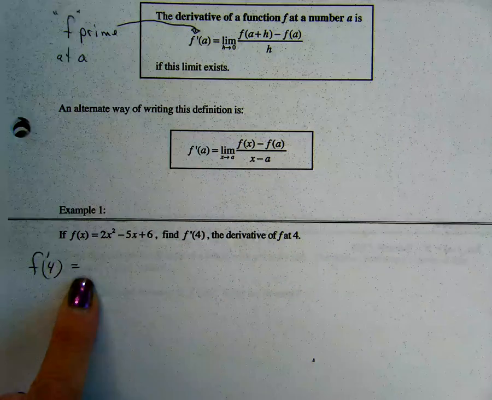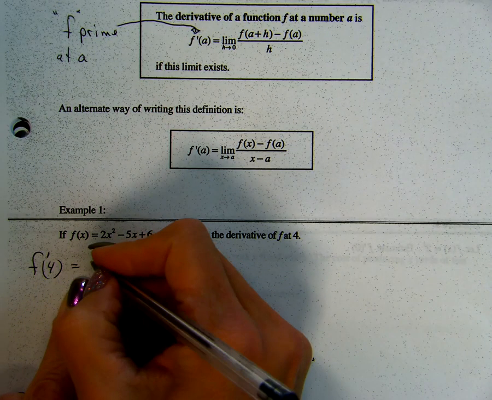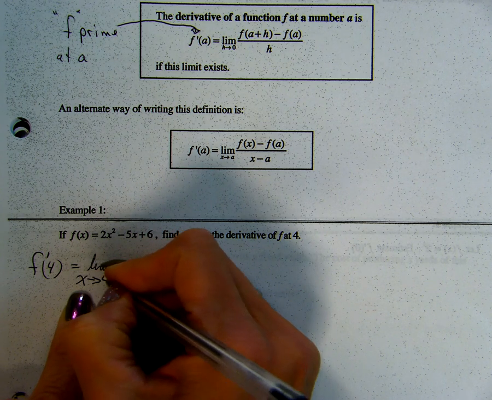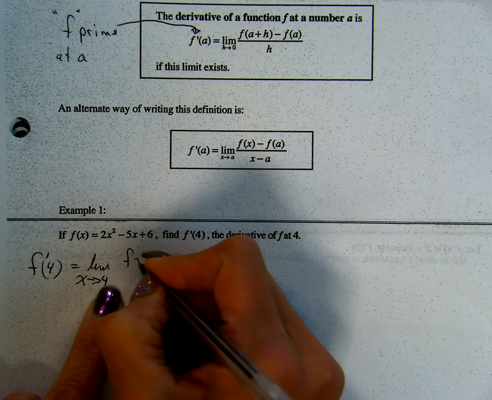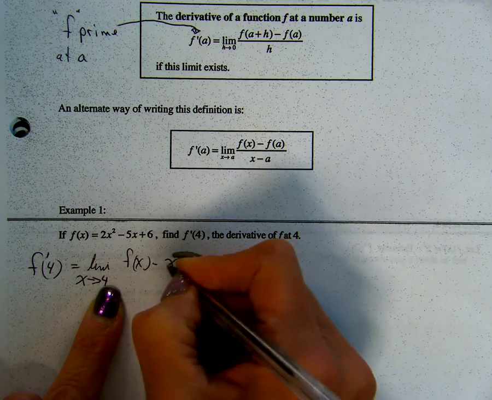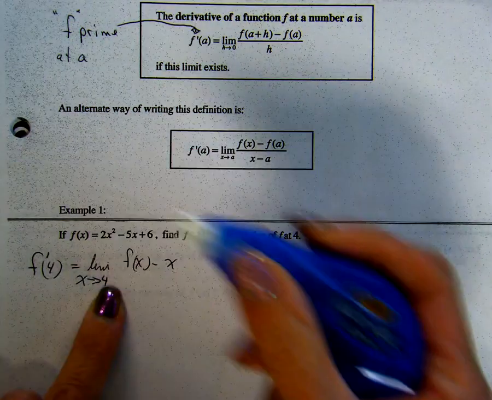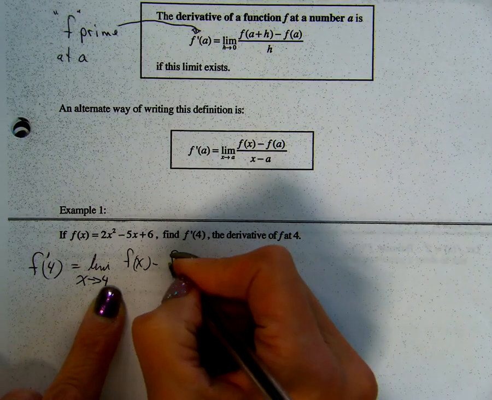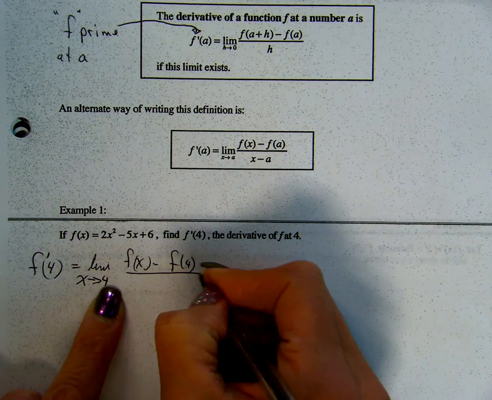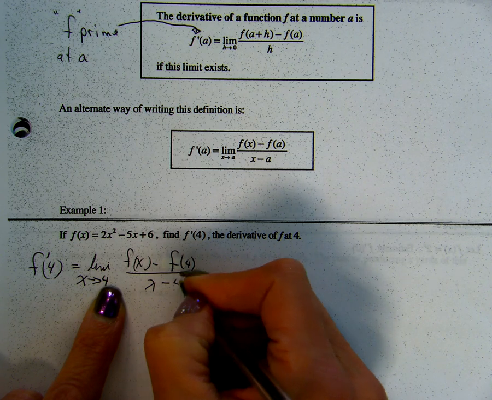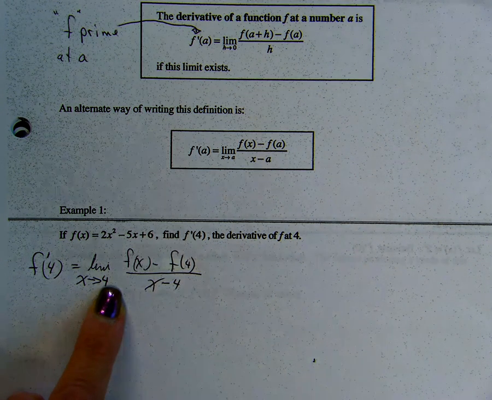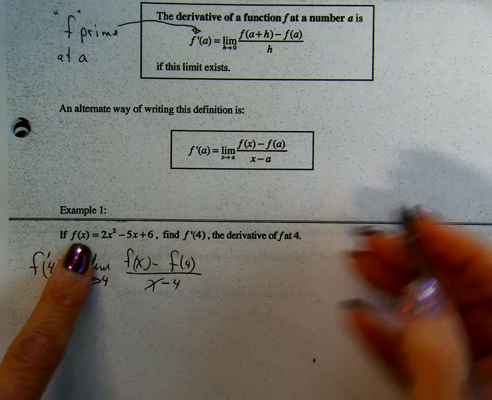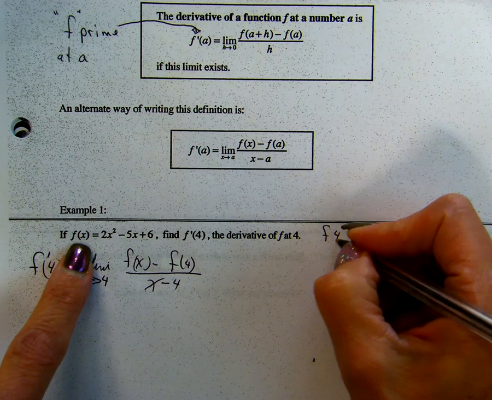So f prime at 4 would be the limit as x approaches 4 of f at x minus f at 4 all over x minus 4. So I just substituted 4 in for the a value. If this is f at x, what is f at 4?